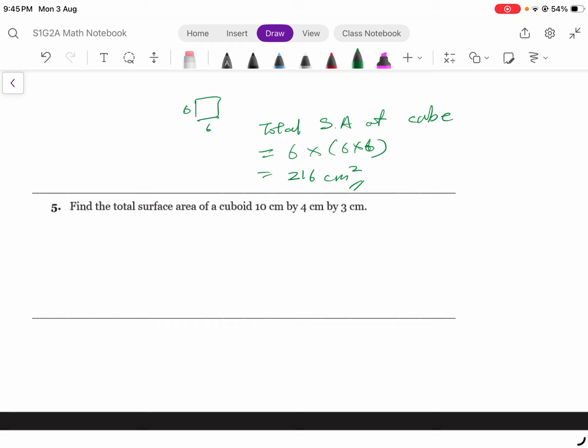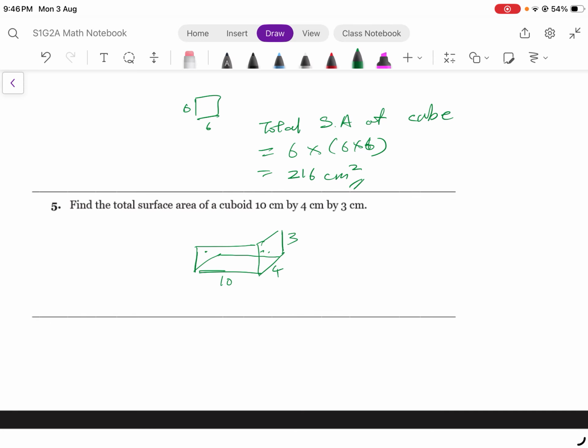So it's 10 by 4 by 3. Okay, so we find the 3 sides here first.